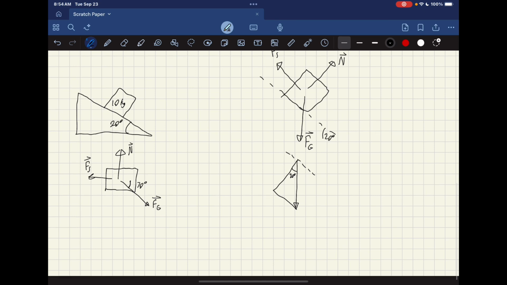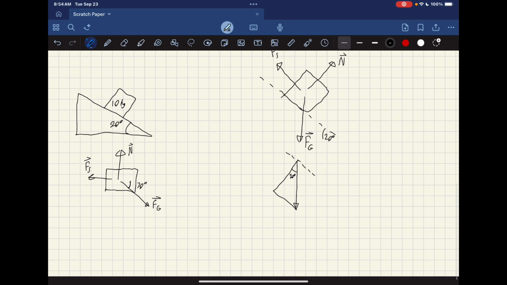And that's just trigonometry. That might be a little easier for you to think about, because then you can say, okay, I know that this is my force of gravity, and so this here is Fg sine of 20, because this is our right angle right here. And then this is Fg cosine of 20. And then you can correlate that to over here.